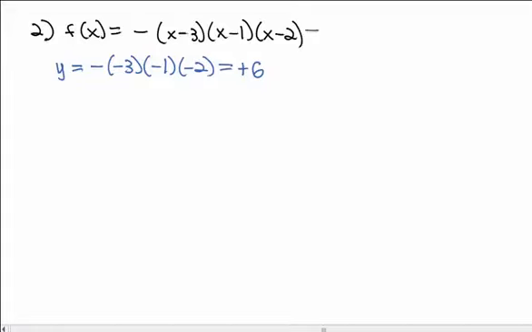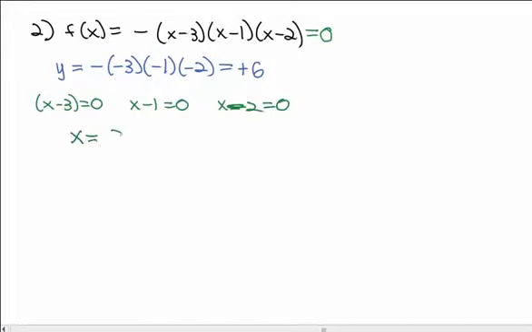To find the x-intercepts, we make the whole thing equal to 0, and because it's already factored, we can take the x minus 3 factor and make it equal to 0, x minus 1 and make it equal to 0, and x minus 2 and make it equal to 0. And so when we solve, our x-intercepts are 3, 1, and 2.